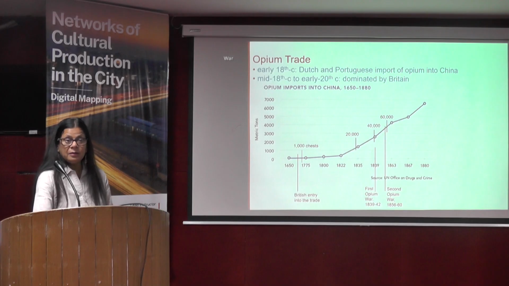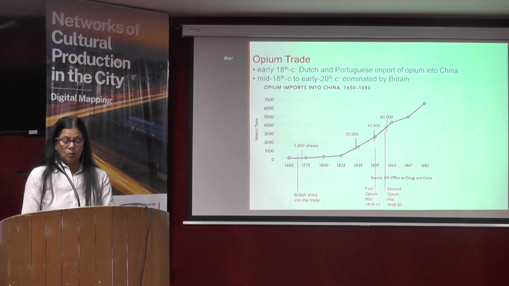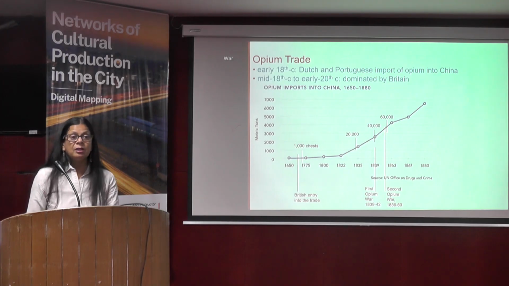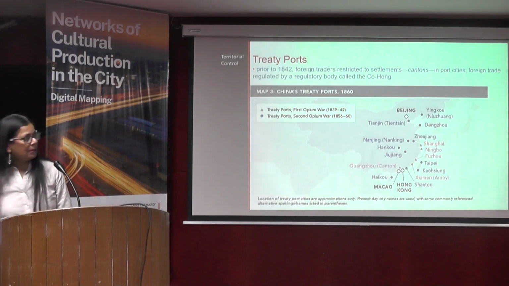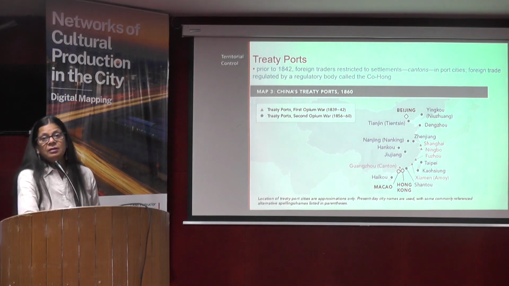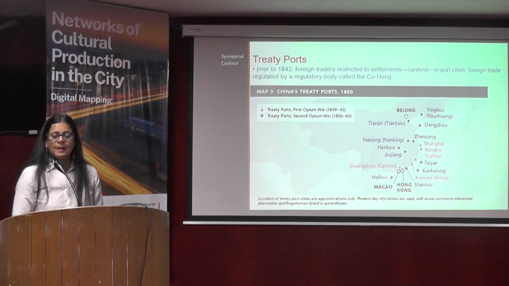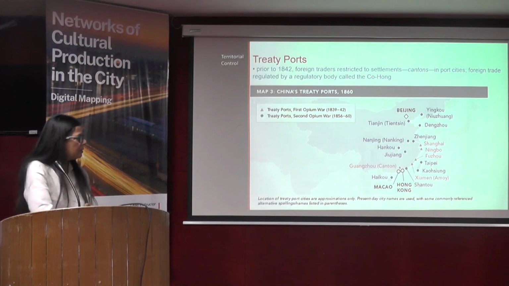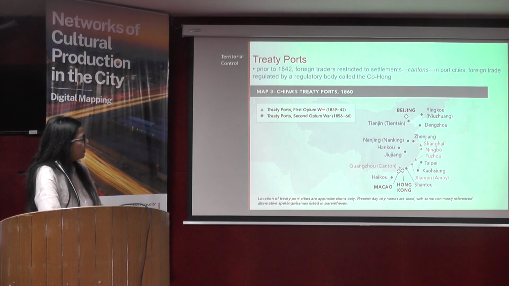So this is important because here you can mark the two opium wars, which allowed a different nature of trade. In other words, opium was forcibly introduced into China, quote unquote legally, and it created a very different urban landscape. Remember, I mentioned cities come in flux. Treaty ports were established. These are the treaty ports from the first opium war, and the second opium war created these.